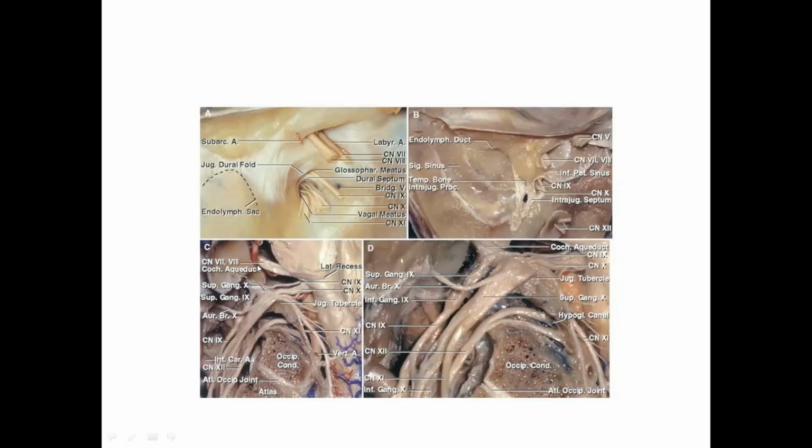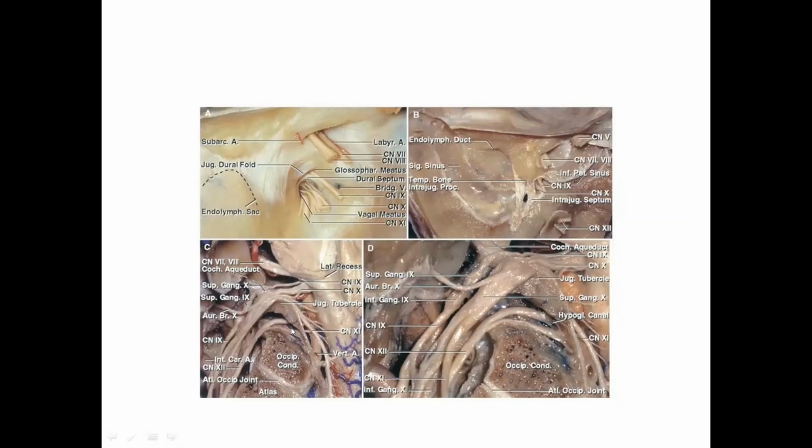The cochlear aqueduct is present just above the petrosal part of the jugular foramen, anterior to it. Like we were discussing, on the margins, in the lateral aspect, we have the auricular branch, which exits, and through it there was an indentation on the bony structure as well. Further laterally, the internal carotid artery is traversing via the anteriorly lying carotid canal.